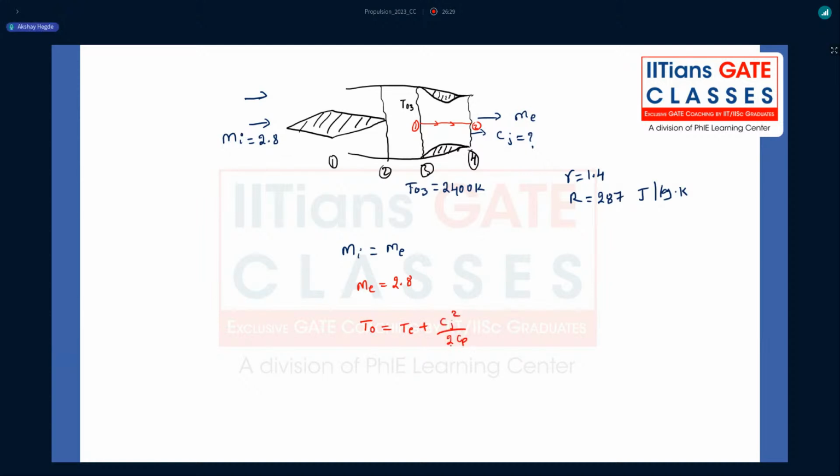I'm just applying the adiabatic steady flow energy equation, right? So now I can easily write it for Cj. It is going to be square root of 2Cp times (T0 minus Te).